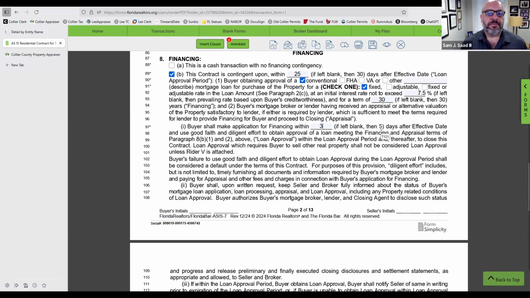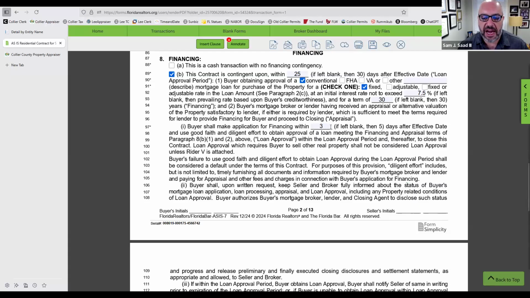But given the Lafont case, Lafont was a terrible case that took away the buyer's deposit for failing to properly apply for a loan. As a realtor, you need to have a conversation up front with your buyer about their financing and their plan for financing, and you need to fill this contract in properly.